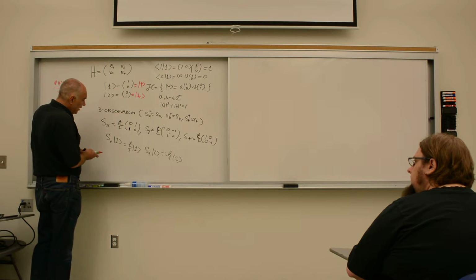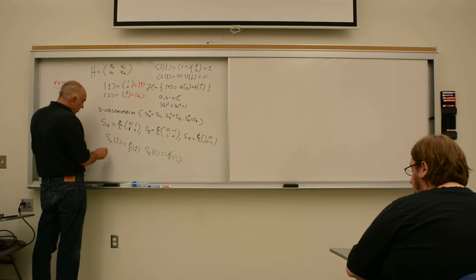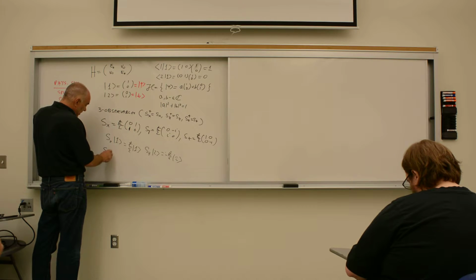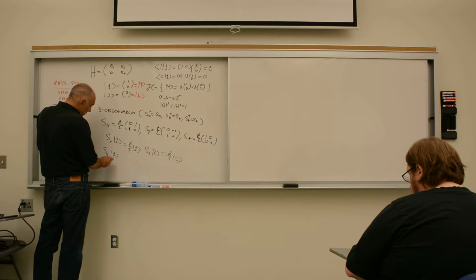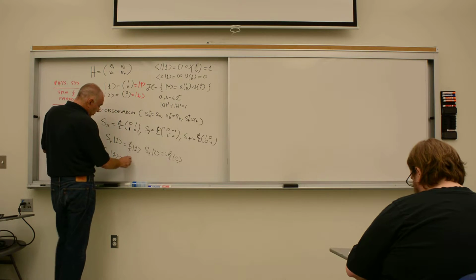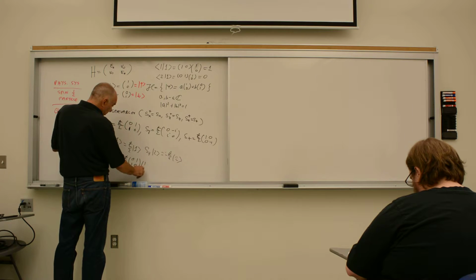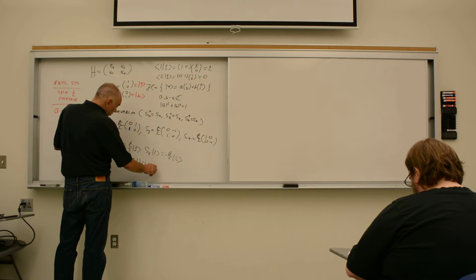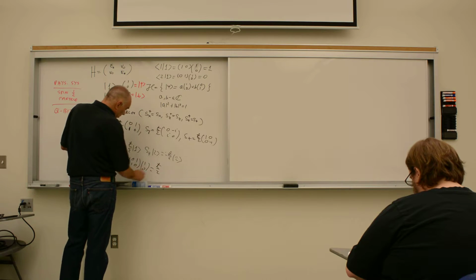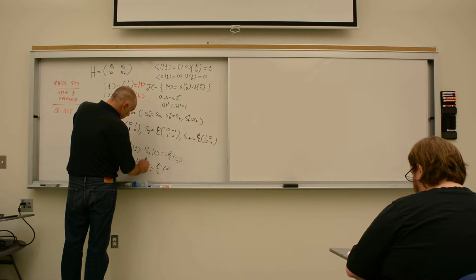If you look at the remaining two operators, they are not diagonal in this basis. For example, Sx on 1, which is easy to compute, is h bar over 2 times the matrix (0, 1; 1, 0) acting on (1, 0). If you compute that, it gives you h bar over 2 times (0, 1).